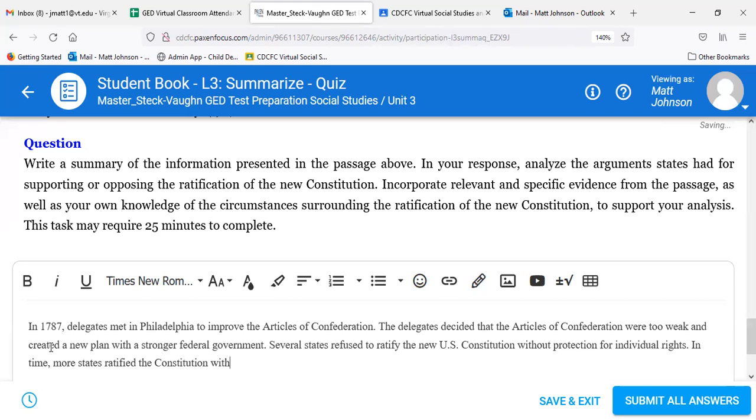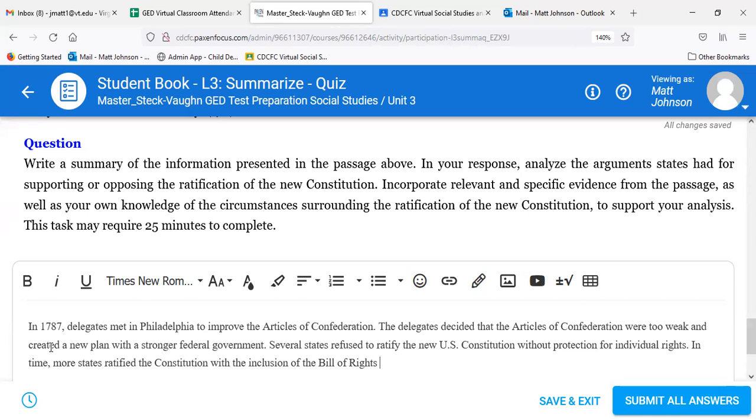With the inclusion of the Bill of Rights. That's good. Once again, capitalized Bill of Rights, not the "of," but the "Bill" and "Rights" part. With the inclusion of the Bill of Rights, you can put the date in there.